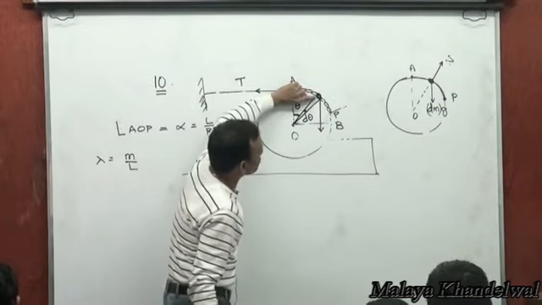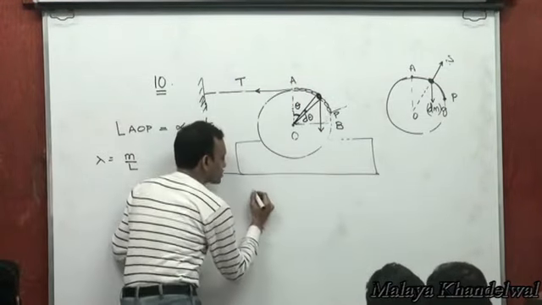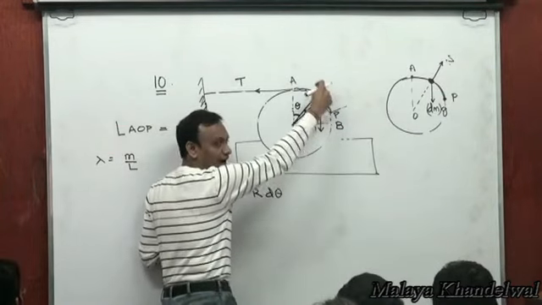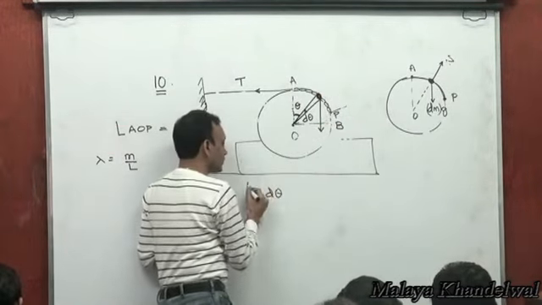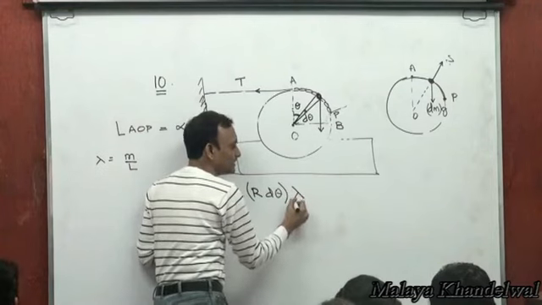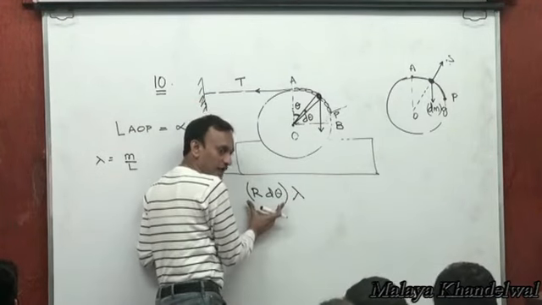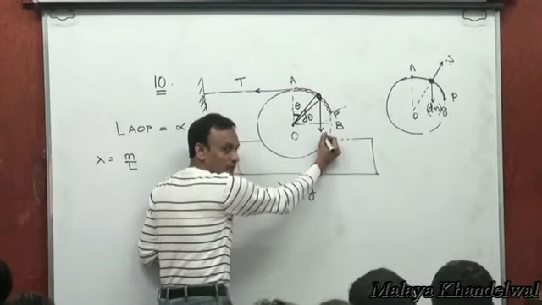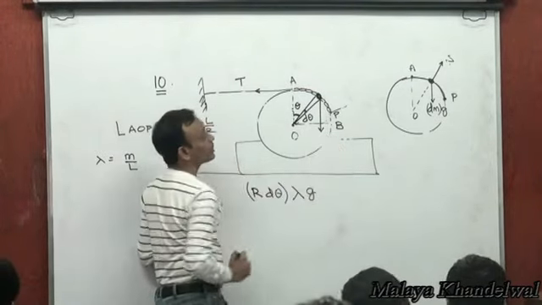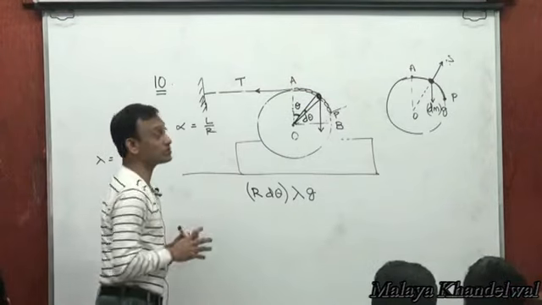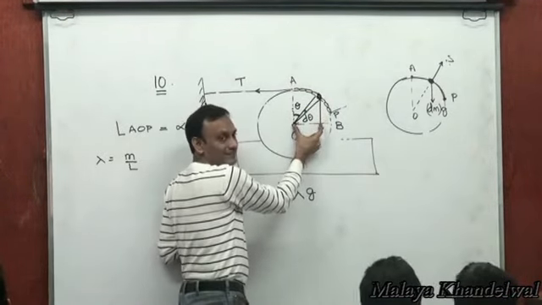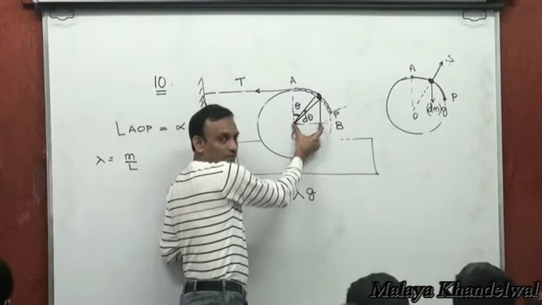What's the weight of this element? First of all, the length of this element is r d theta, right? The mass is going to be lambda r d theta, mass per unit length, into g, that must be the weight of this element. Now the torque that this element produces about O would be this into this length.